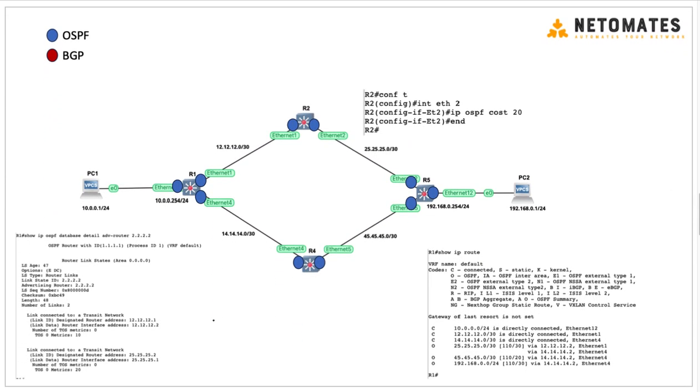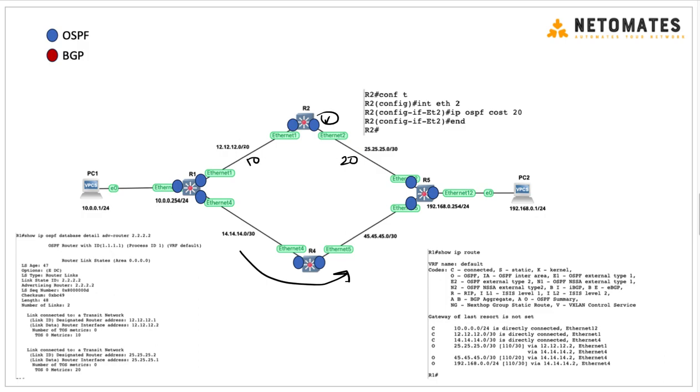Now if we want to prefer the path through R4, we can change the cost of a particular outgoing interface. You can change any of the outgoing interface costs, but in this example I'm just using the R2 outgoing interface. I have increased the cost of the link between R2 and R5 to 20.